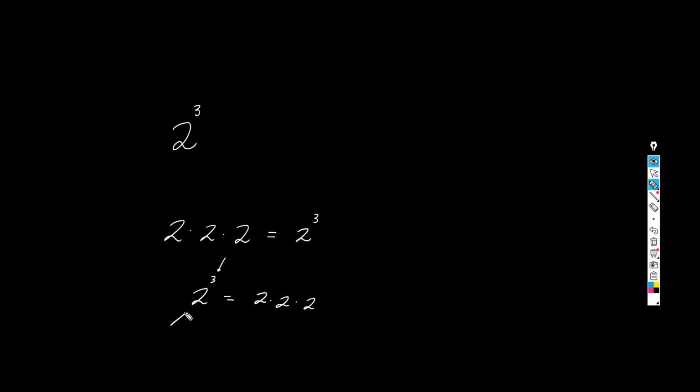This number was given the name of base, and this number was given the name of exponent.